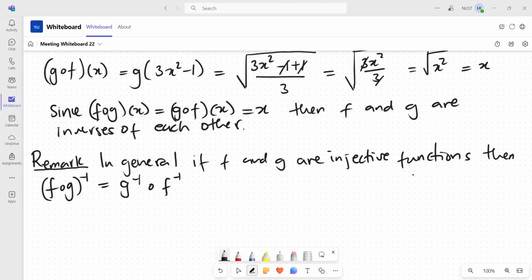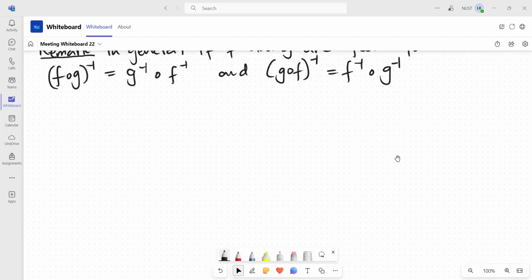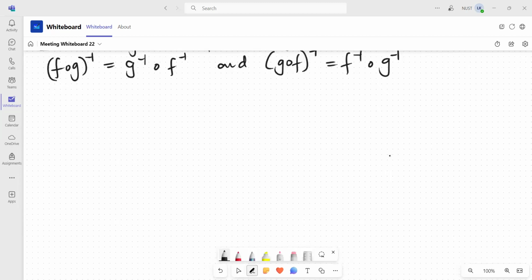Notice how f and g have swapped places, and the inverse of g composed with f is equal to f inverse composed with g inverse. Okay, so very important to know that. The next thing we look at is the transformation of functions.